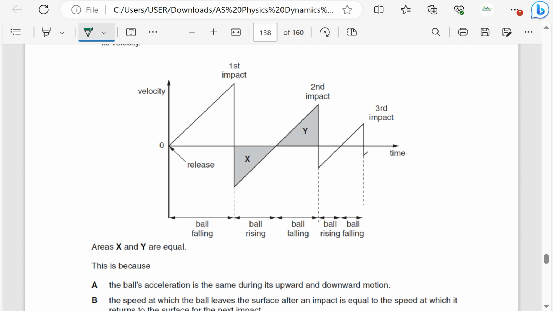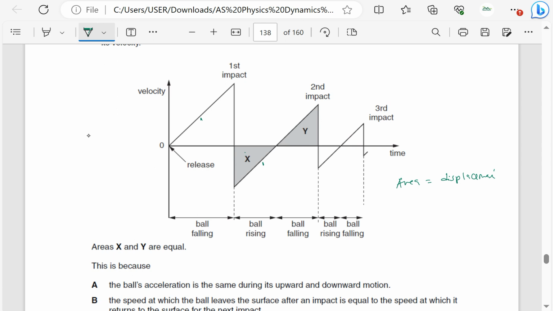So here it is moving upwards in the first part, and here it is moving downwards because there's a change in direction. So it is true that the acceleration is constant, but that's not the reason why the areas are equal. The area, remember, is equal to the displacement.